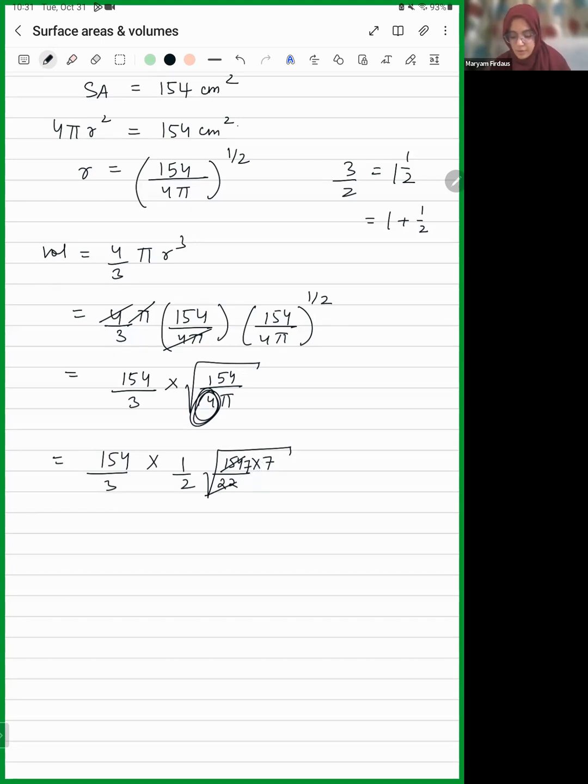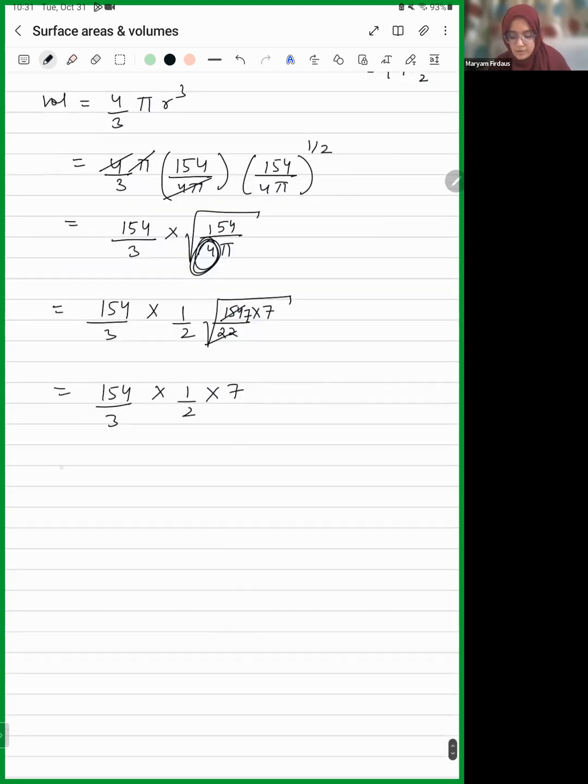So 154 by 3 into 1 by 2 into root of 7 into 7, so that's 7 itself. So here we have 77 into 7. What is that?